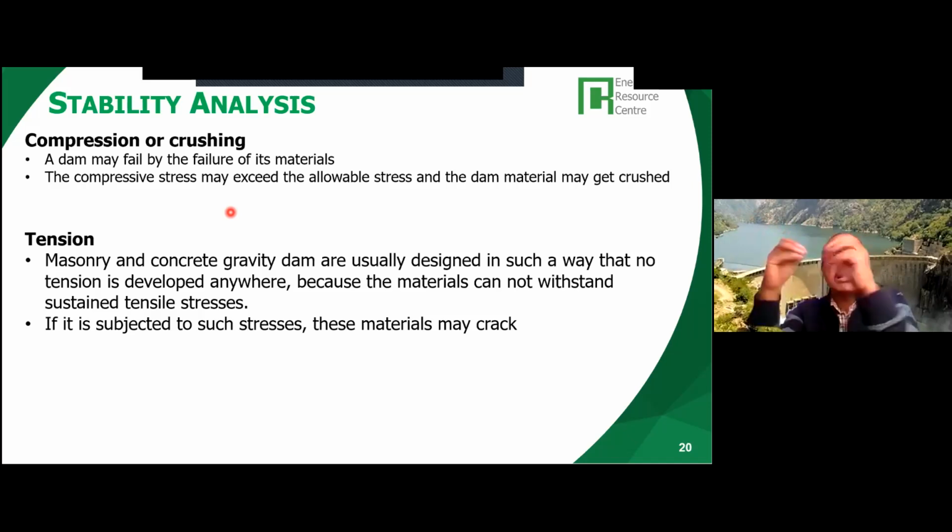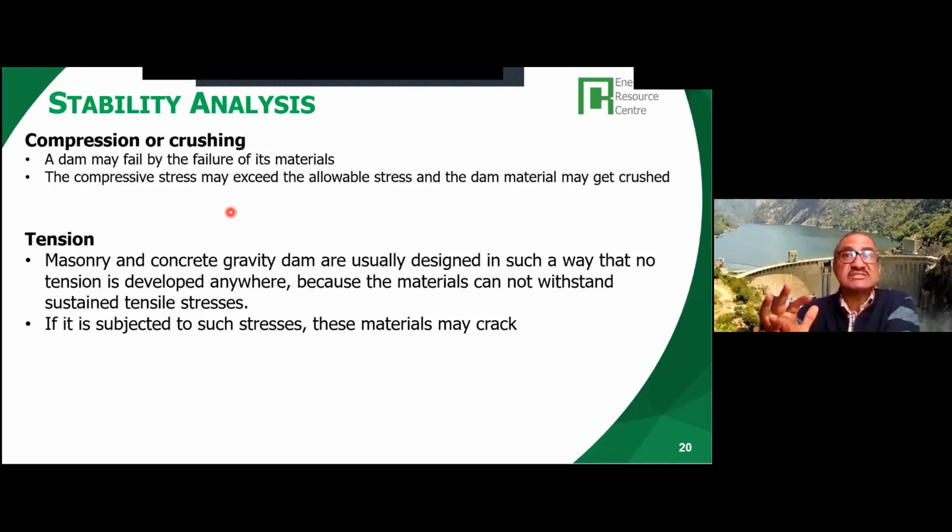The other thing is the tension. The concrete gravity dam is designed in such a way that no tension is developed anywhere, because concrete and masonry have very low tensile strength. They cannot withstand a lot of tensile stresses. That's why you have reinforcement.